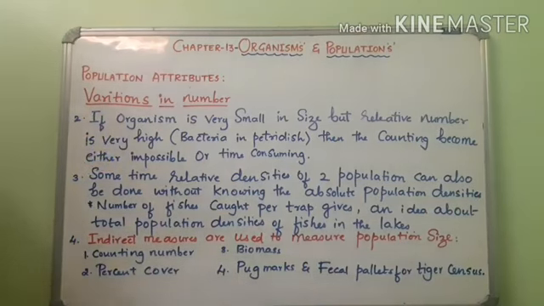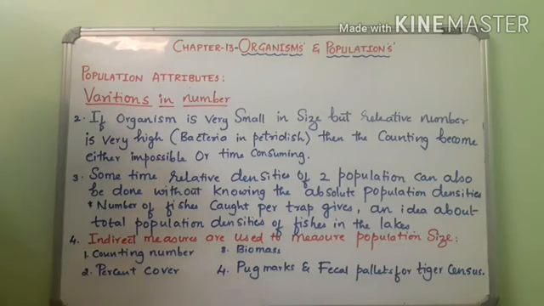In a laboratory, especially a microbiological laboratory, they culture bacteria in Petri dishes. Counting the bacteria is almost impossible because they are microscopic. How are we going to count the population density of bacteria?